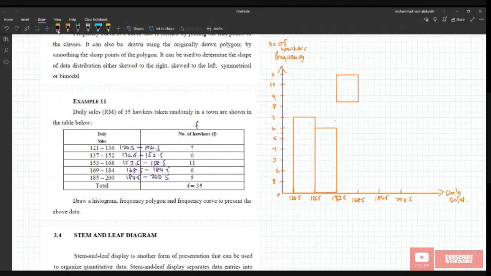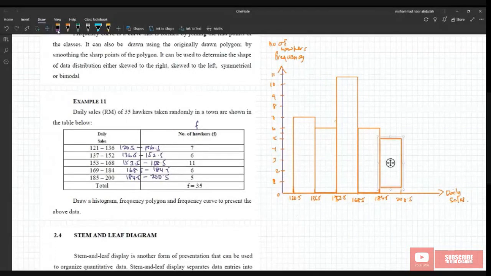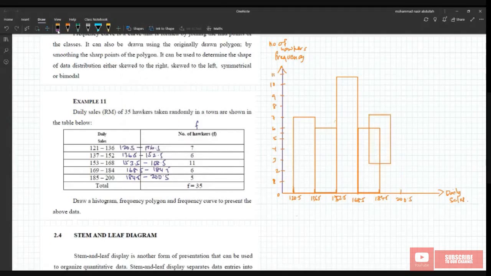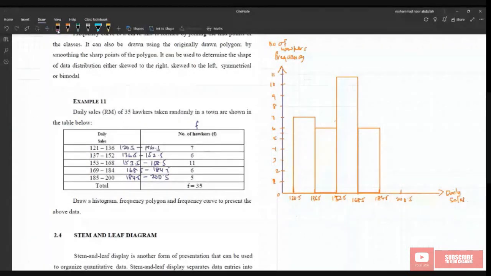From here. The fourth class is 6. And the last class is 5. So this is a histogram.